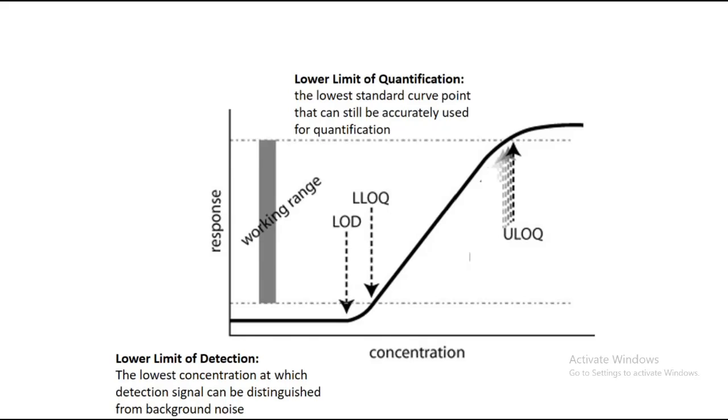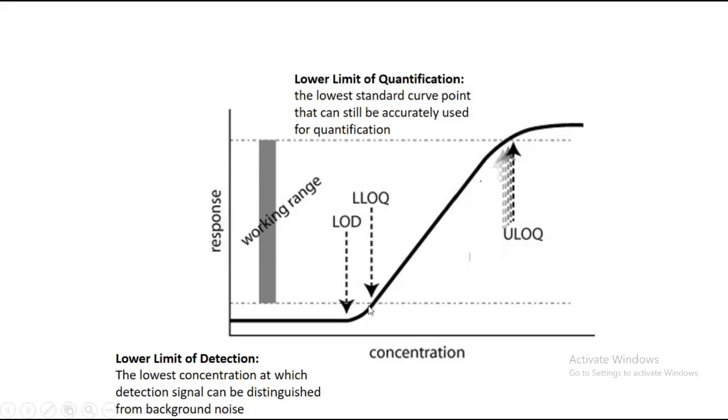The difference now is the lower limit of quantification is the lowest standard curve point that can be accurately used for quantification, okay? So the whole concept here is that in order to accurately determine the concentration, ideally you want it to be on this linear part of the graph, okay?